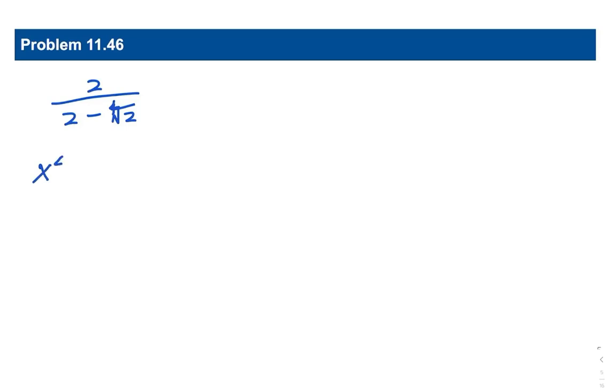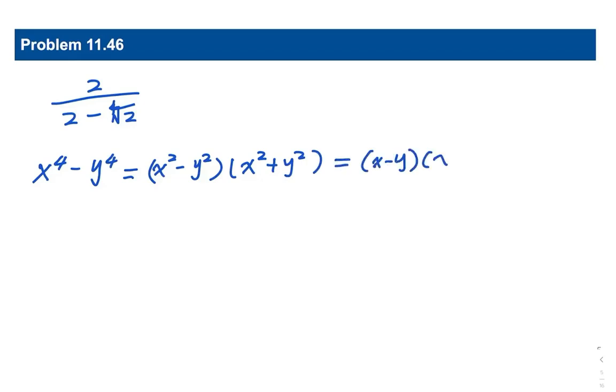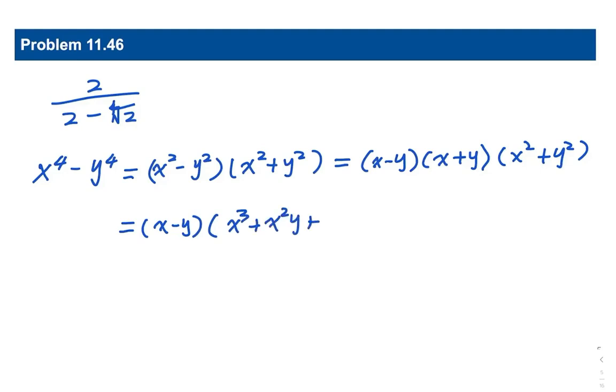We know x to the power 4 minus y to the power 4 is x squared minus y squared times x squared plus y squared, which is x minus y times x plus y times x squared plus y squared, which is x minus y times x cubed plus x squared y plus x y squared plus y cubed.